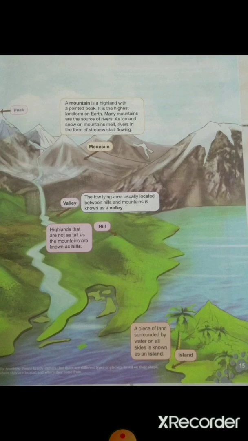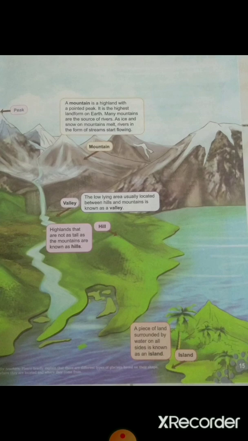The low-lying areas, usually located between hills and mountains, is known as a valley. Now let's see what are hills.